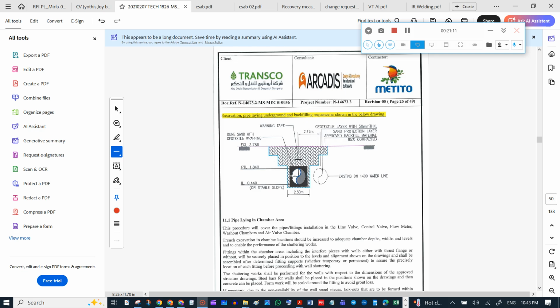So this is our excavation profile or cross section. Our minimum width is 2.5 meter, and the IL difference between this one is 3.5.